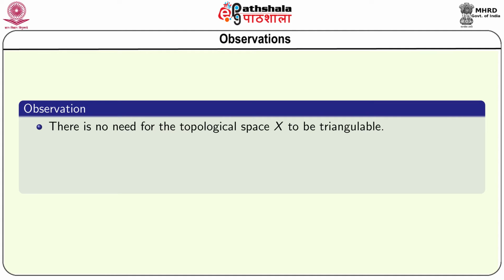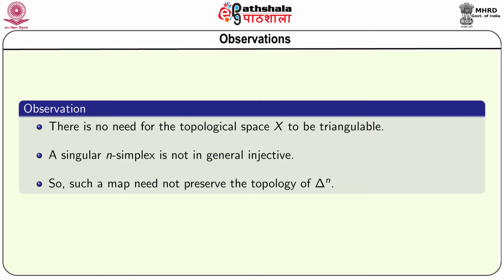Now, we observe certain things. First of all, there is no need for the topological space X to be triangulable. So, we have started with any topological space and we do not need that space to be triangulable, and a singular n-simplex is not in general injective. So, such a map need not preserve the topology of delta n. That is very important, that it is not preserving the topology of delta n.